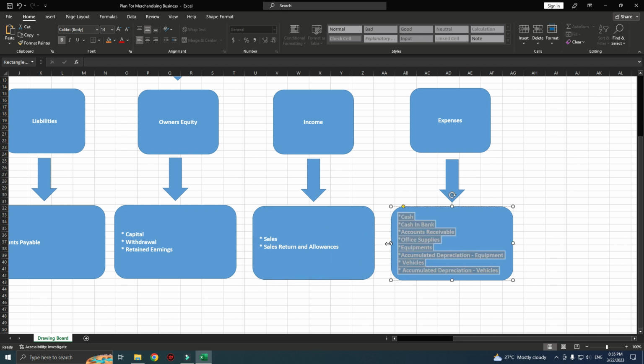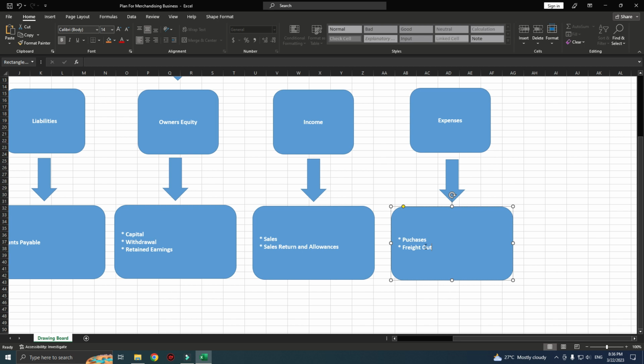Our expenses will be purchases, freight in, if we are going to shoulder the delivery cost, freight out.